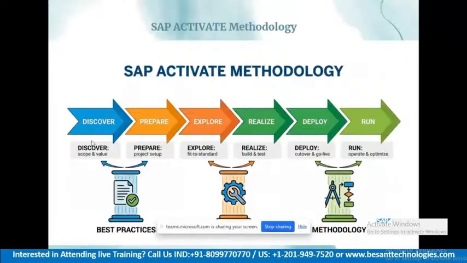In the ASAP methodology and Activate methodology, the business operations remain the same with minute differences, but the overall core concept is the same. First of all, we discover the scope and value of the business.